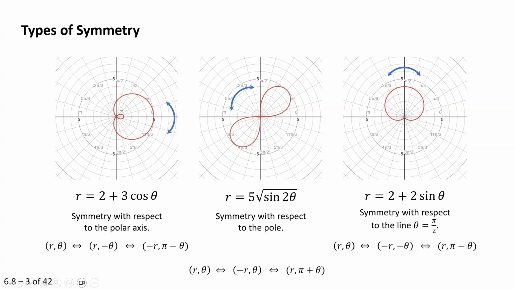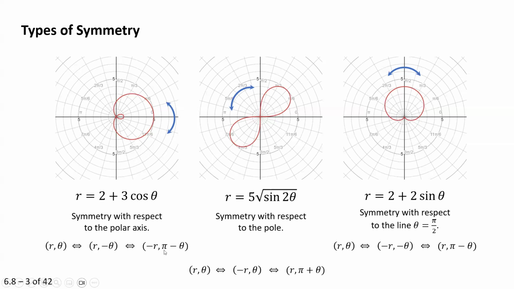Okay, and so what do these symmetries look like algebraically here? Well, the only difference between something that's up here and something that's down here is whether or not their theta value is positive or negative. And so a certain point r theta is going to be the same as a point r negative theta.